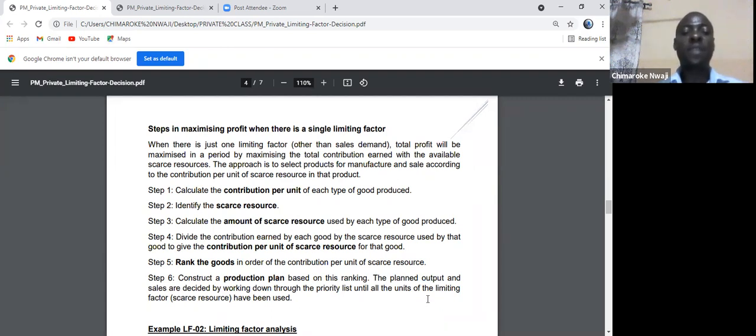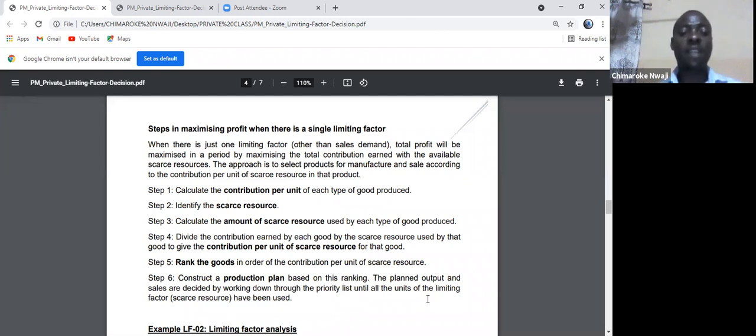Then step 3, you will need to calculate the amount of scarce resource per unit used by each of these types of goods produced. Most times, if you are given the scarce resource, you may be given the scarce resource per unit. If you are not given, then you must look for a way to get this scarce resource per unit.